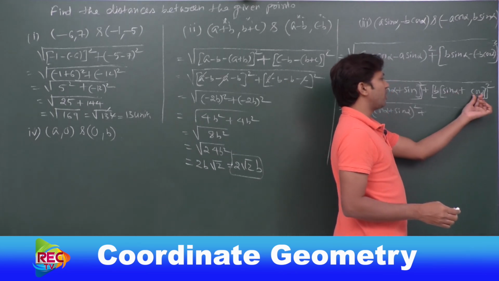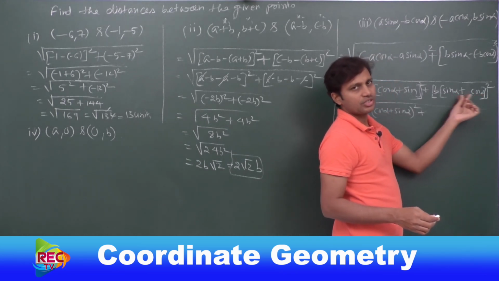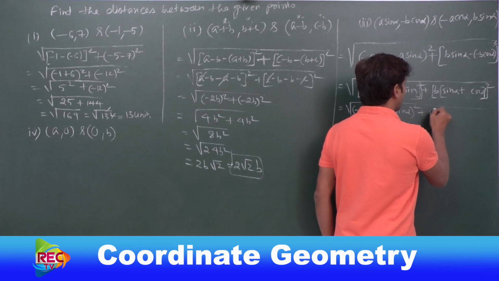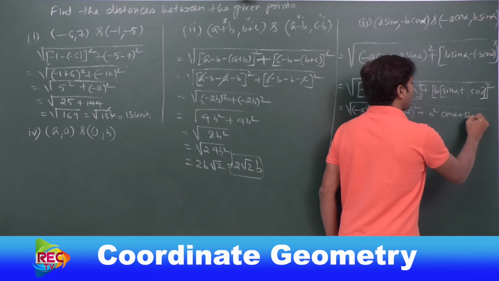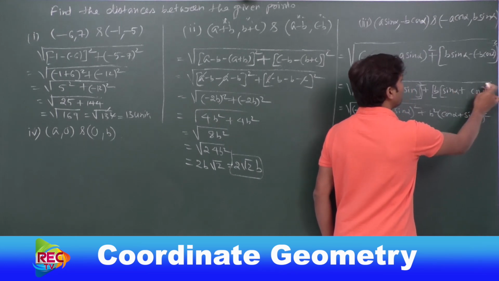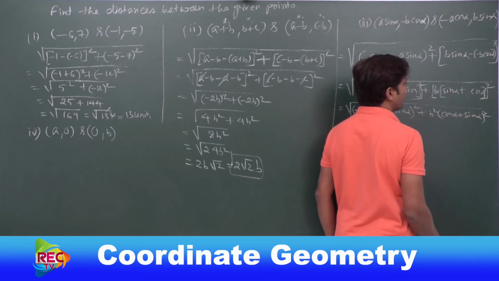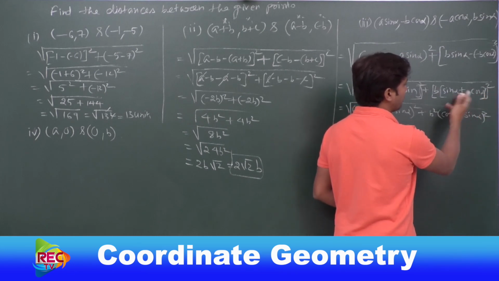Sin alpha plus cos alpha can be written in reverse order also. So here b square into cos alpha plus sin alpha whole square. Understood? I wrote this expression in reverse order.